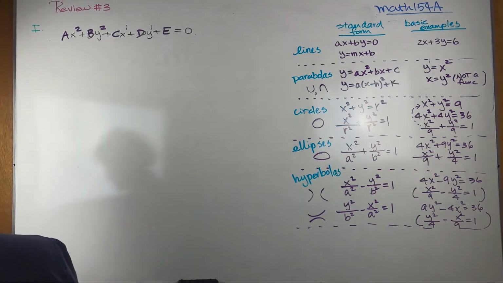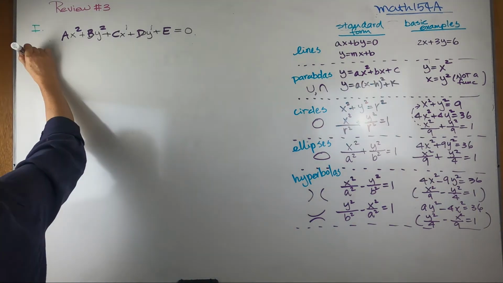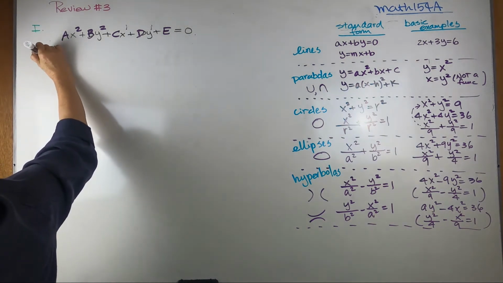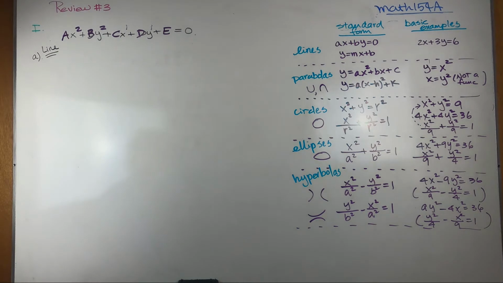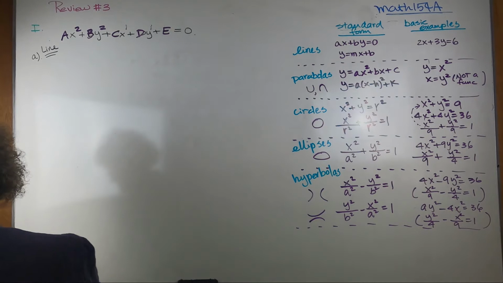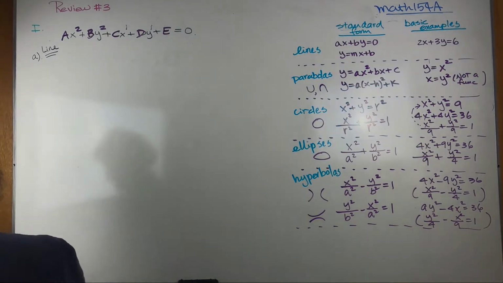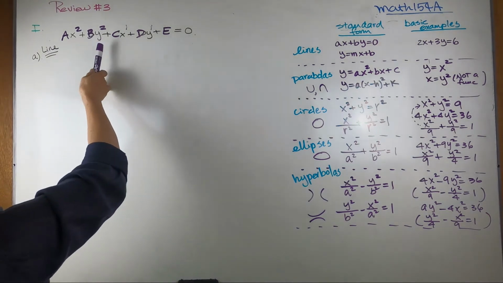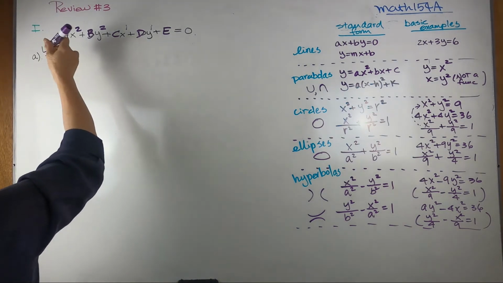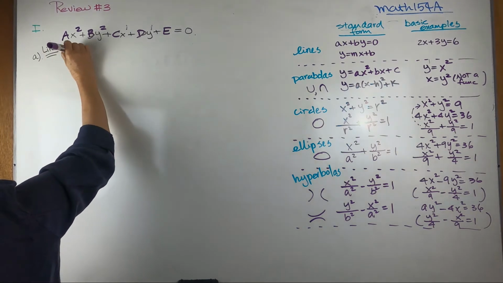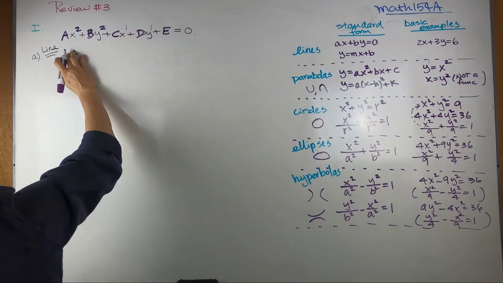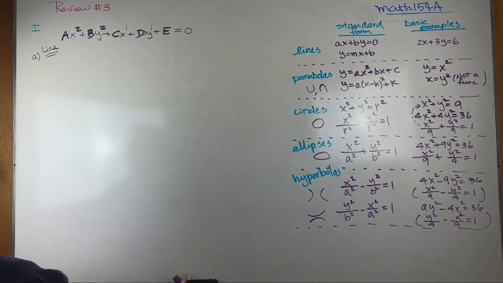So if we say, all right, if we want to have a line, then what kind of A, B, C, D is possible? So for lines, you cannot have x squared and y squared. That means what? For a line, mainly we talk about A and B, right?